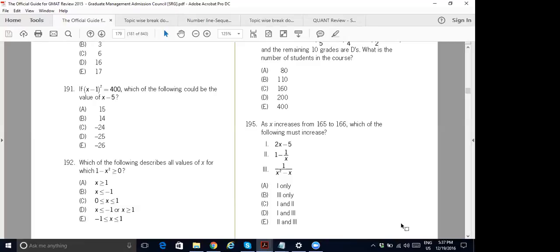Yes, you should use this information. And in what manner will you use it? Well, I noticed that the third one is essentially 1 by x into 1 over x minus 1. Correct.